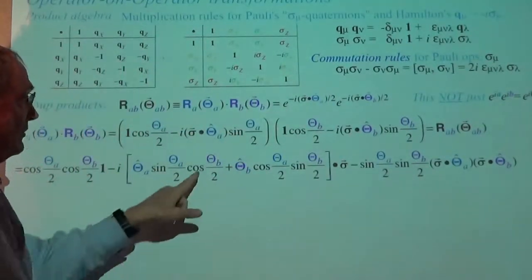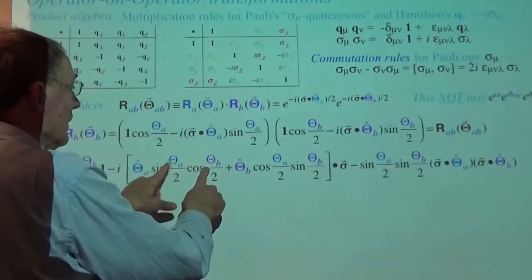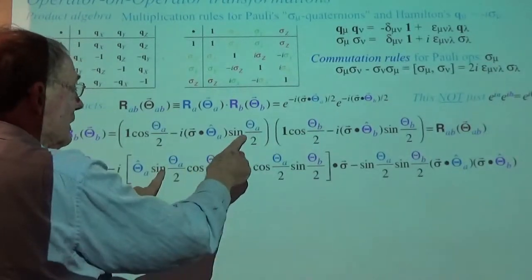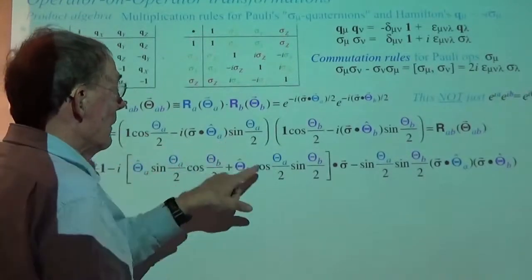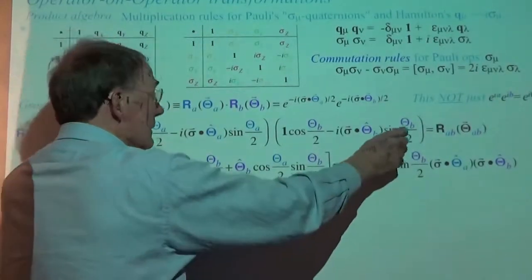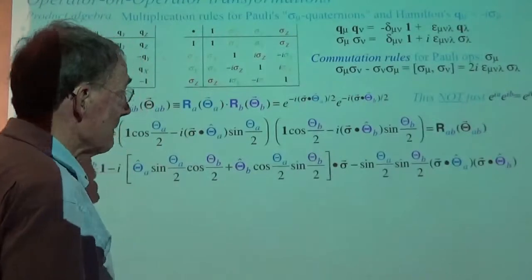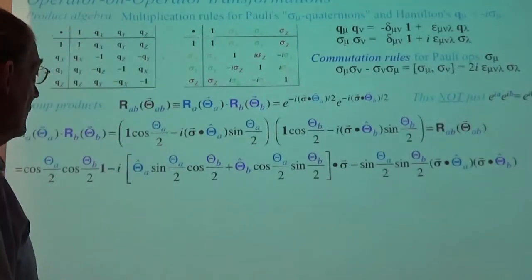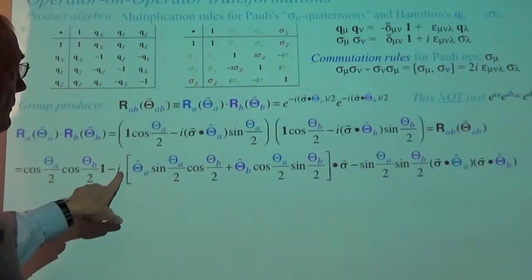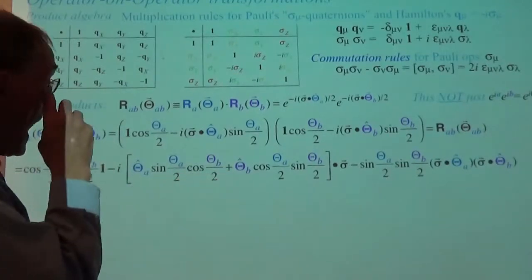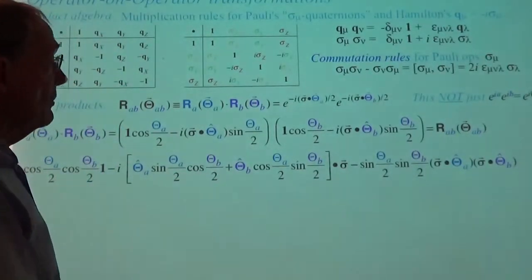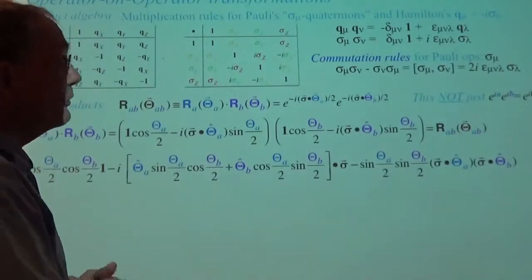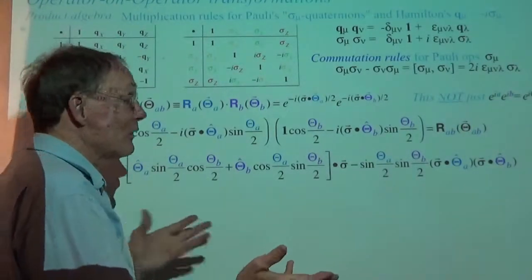Both of them have a minus i in front of them, so there's a plus sign here, and then dotted with sigma. So we're just expanding the crazy thing into four crazy things.